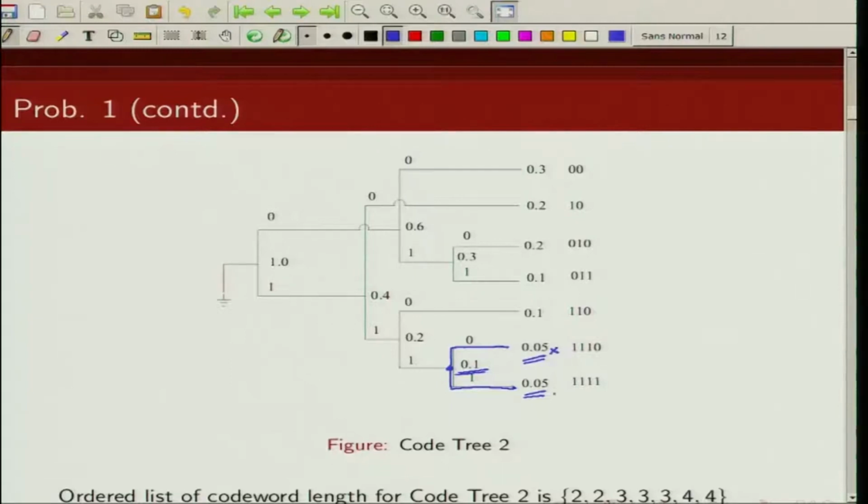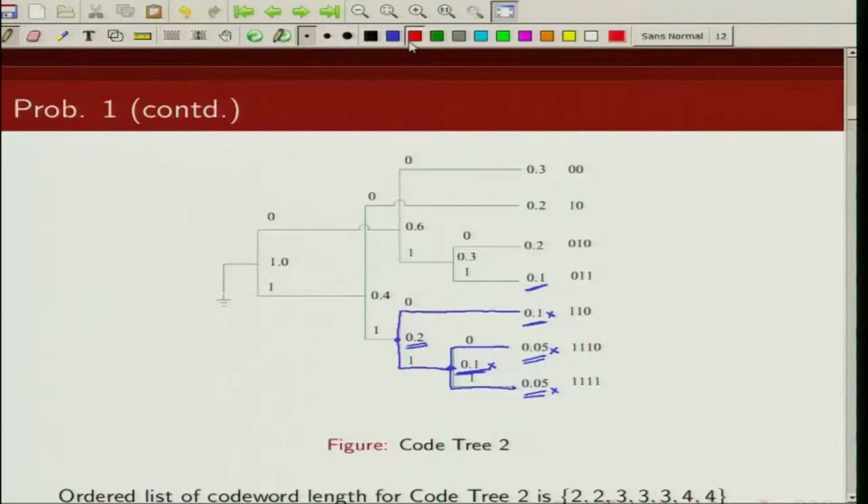We deactivate these nodes and activate this new node. Now we have three nodes with probability 0.1, so we can combine any 2 of them. Let's combine these 2, and we get a new node with probability 0.2. We deactivate these two nodes.